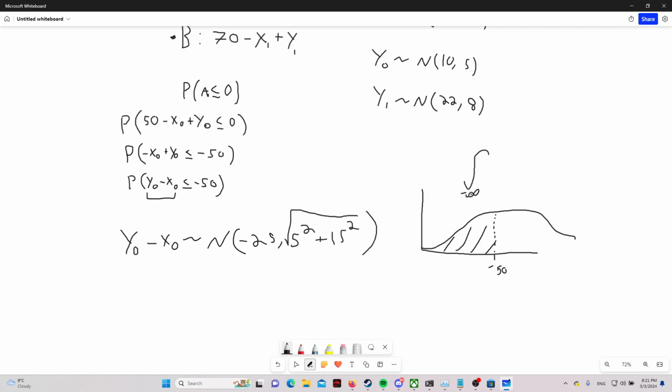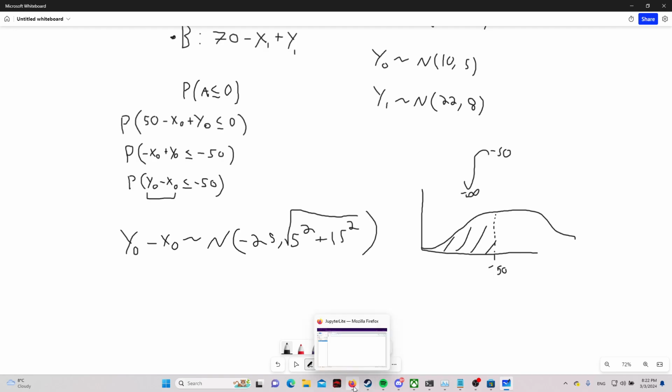In the case of a normal distribution, this is from negative infinity to negative 50. And as you might notice, this is pretty much the definition of the cumulative distribution function. So we're checking the cumulative distribution of this at negative 50, and that will give us the area under the curve there.